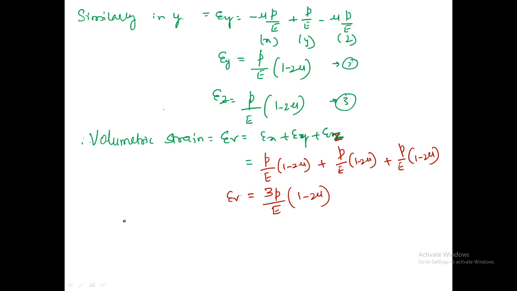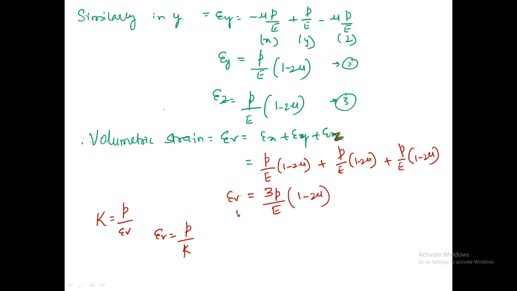Now by the definition of bulk modulus, K equal to what? P divided by Eb. Now let us substitute Eb equal to what? P divided by K. Now let us substitute here.